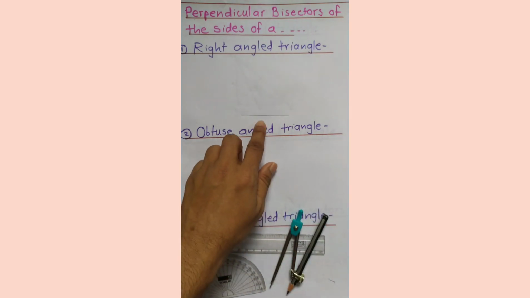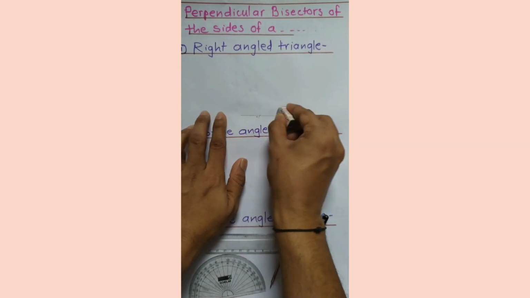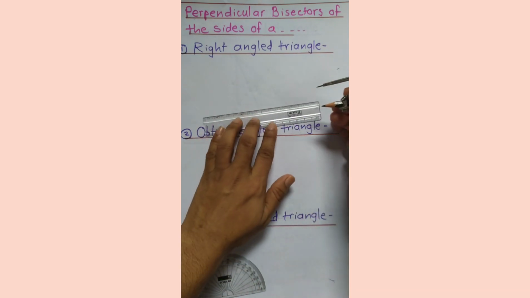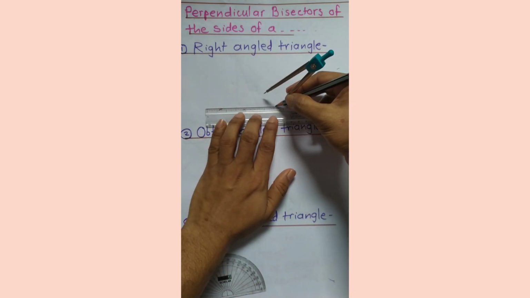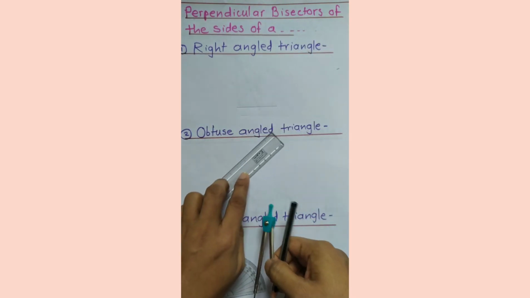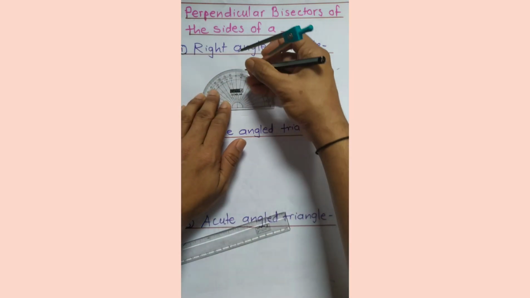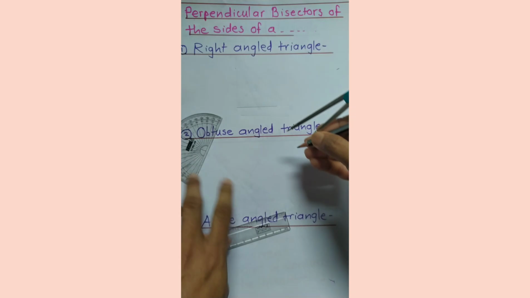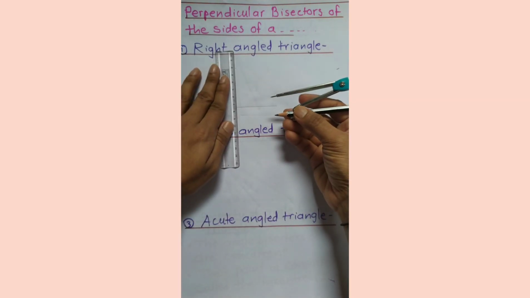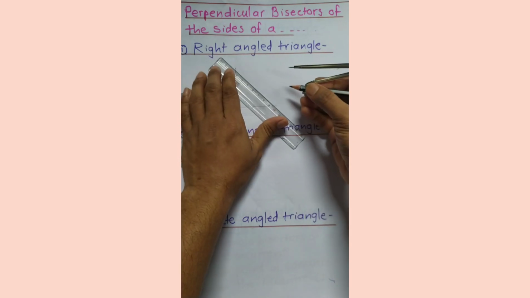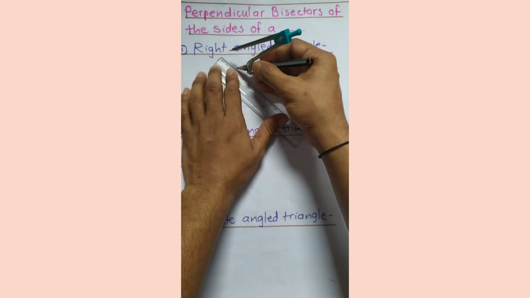We will take this line here because we don't have much space here to draw. See, this is the base of a right angle. If we take any 90-degree angle, this is our right angle triangle.